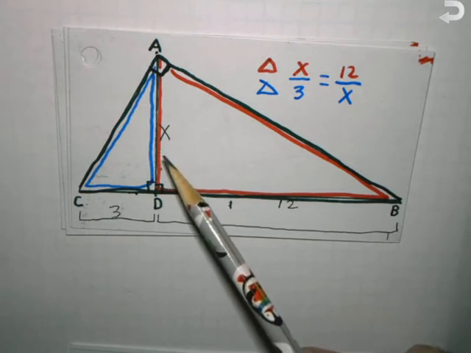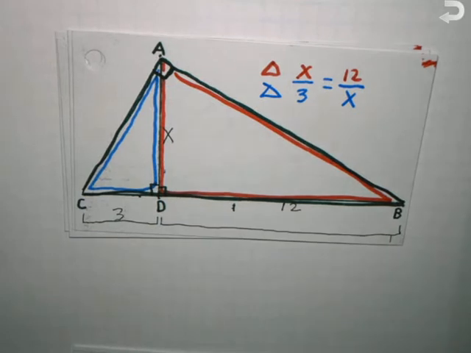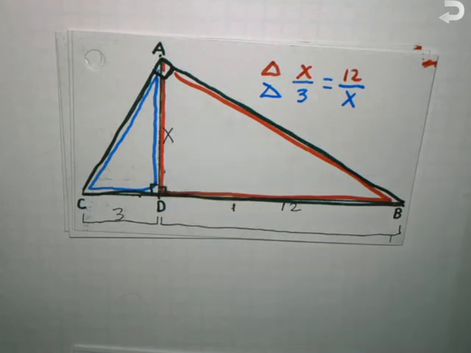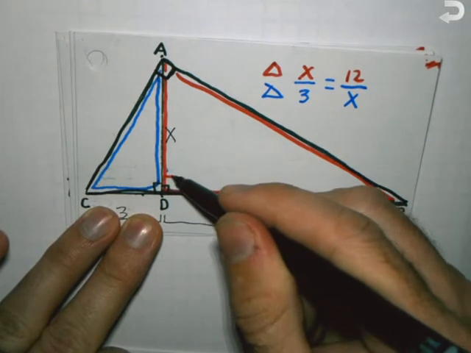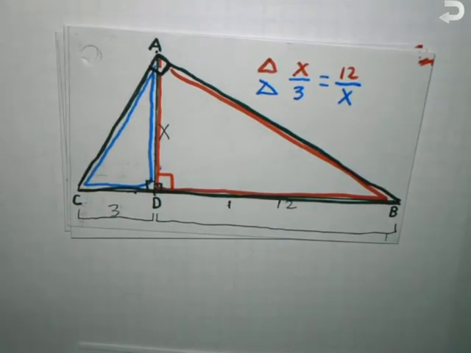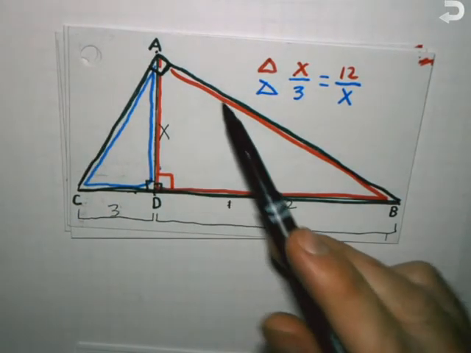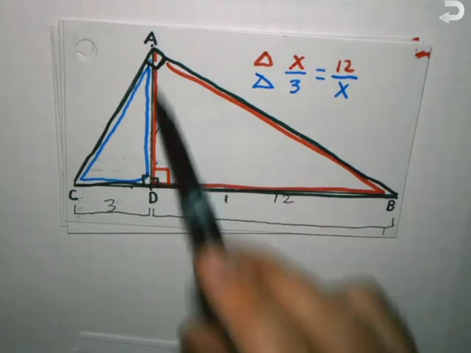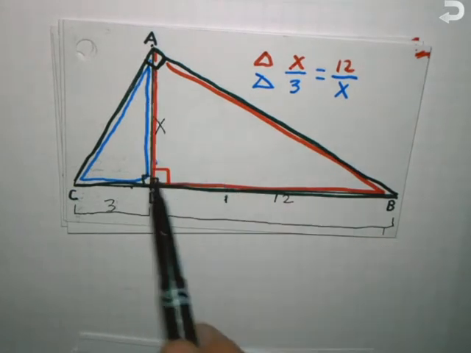We can see by looking at it that x is shorter than 12. So x is going to be our short side of the red triangle. So we write x. Now we have to find the short leg of the blue triangle. Well, the short leg of the blue triangle is 3. So we write 3.